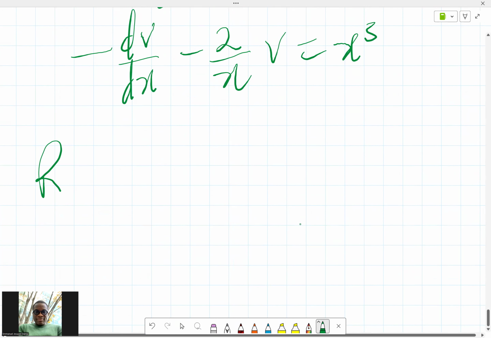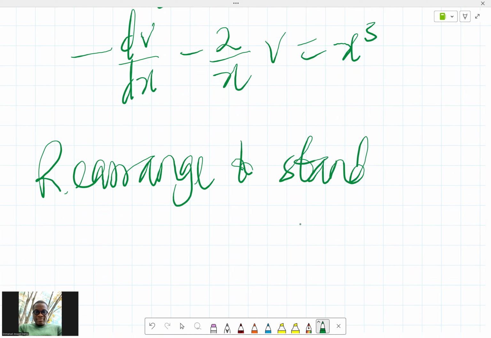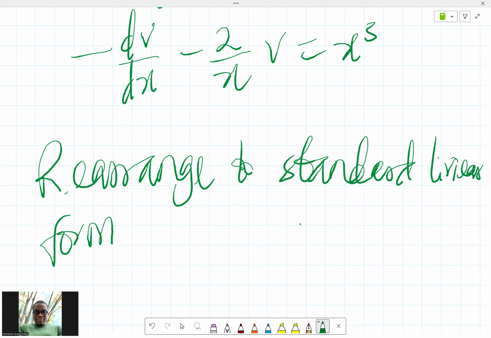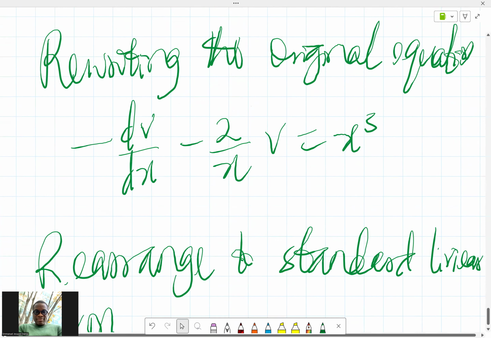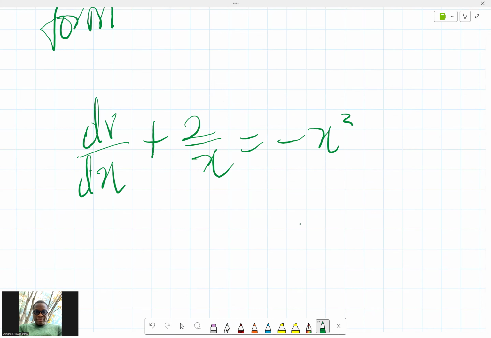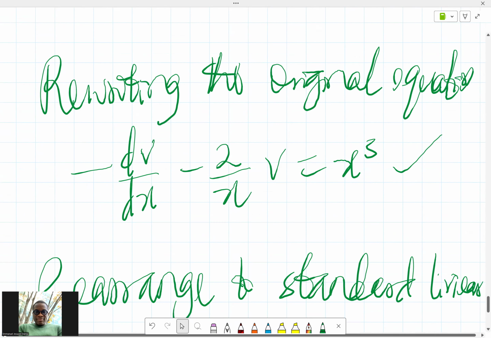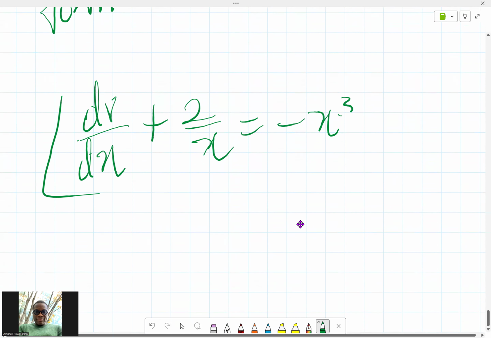So we can now rearrange to standard linear form. If we do that now, it means you're multiplying through by minus 1, so it can be in standard form. So we have dv/dx plus 2 over x v equals minus x cubed. Importantly, because you're multiplying through by minus 1, you have this expression now.